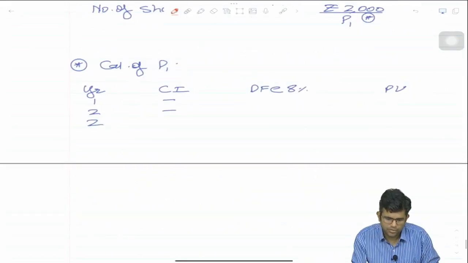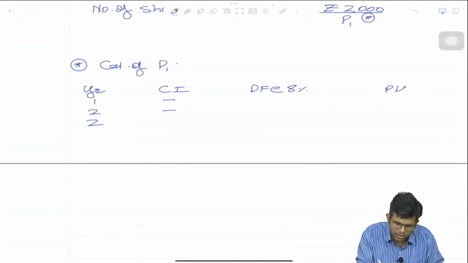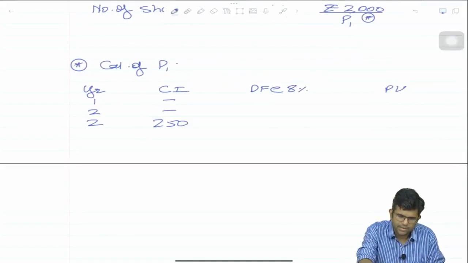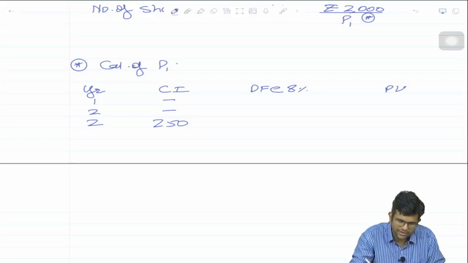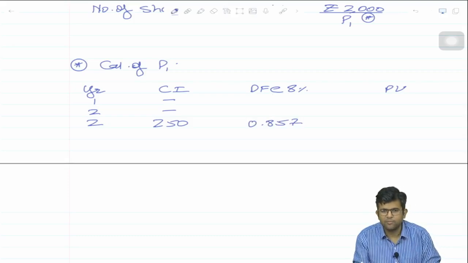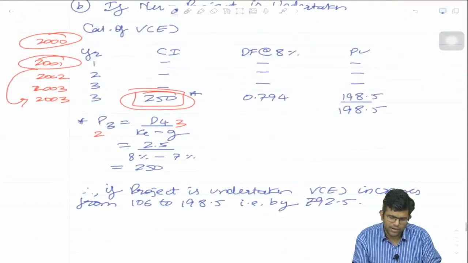Okay. So here I will write 250. Now in that I will do 1 divided by 1.08, 1, 2. That's it. So this is 0.857. All clear? 0.857.